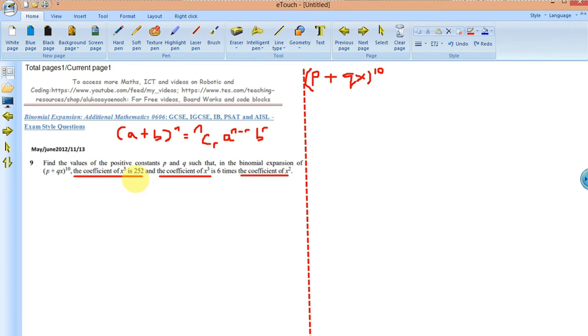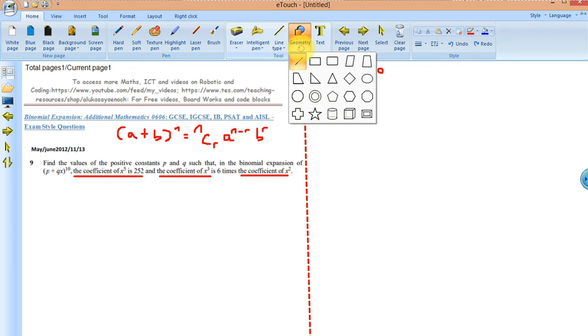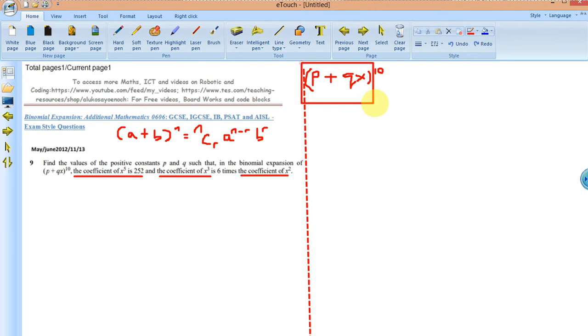So let's go ahead with this one here. I have n combination r, so that will be 10 combination 5. I'm going to use this generally, so this is just like the general term. So this will be 10 combination 5.